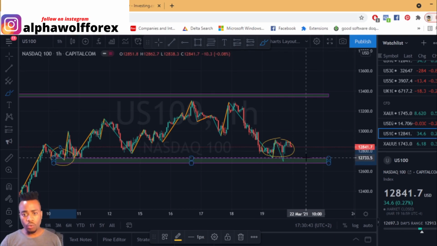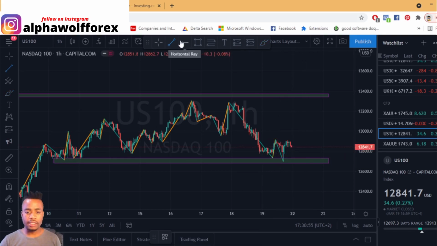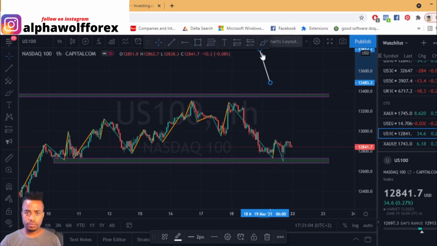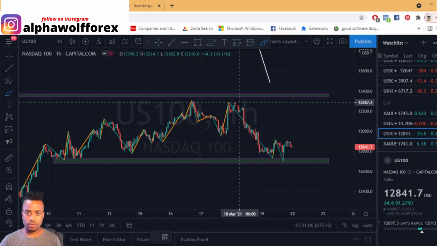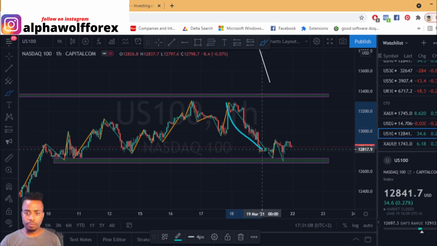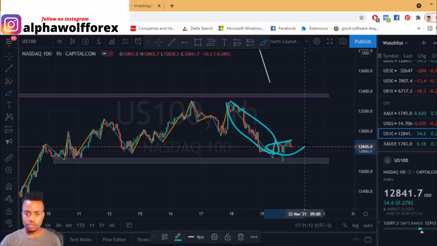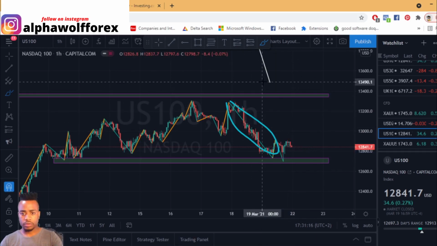Now when you look at this market, what do you immediately see? You see a very strong push to the downside, and then we find a correction, an impulsive move and a corrective move.